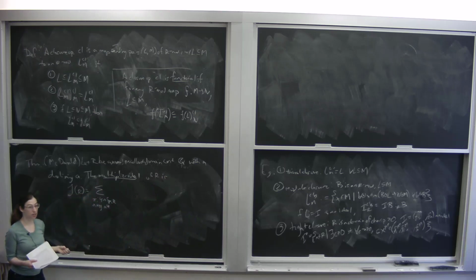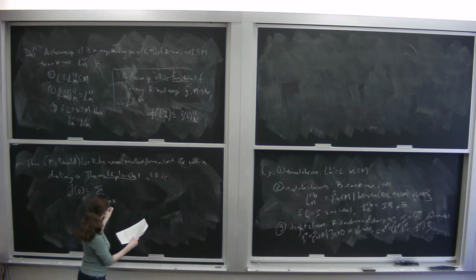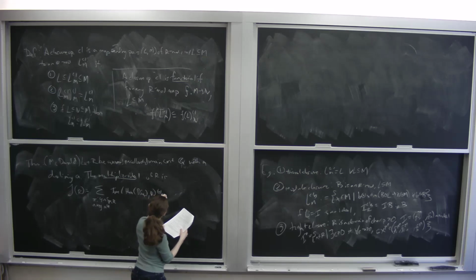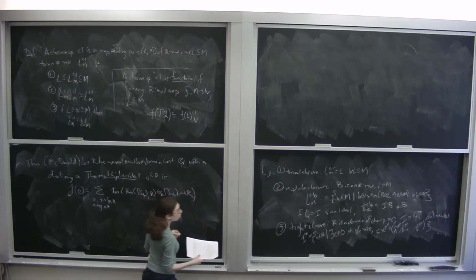If you're like, I don't know what this is, great, I'm with you, you can black box this. And we look at the images of Hom from this canonical module into R, tensored over R with the canonical dualizing complex.